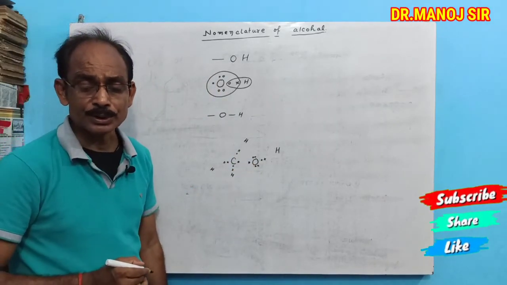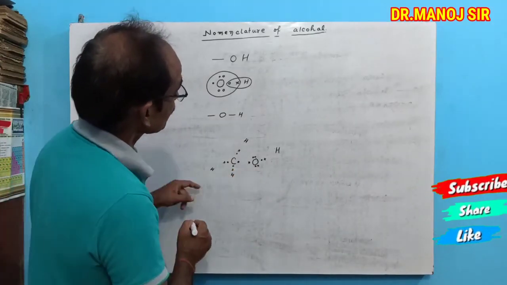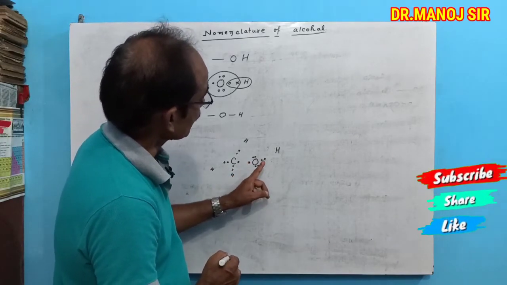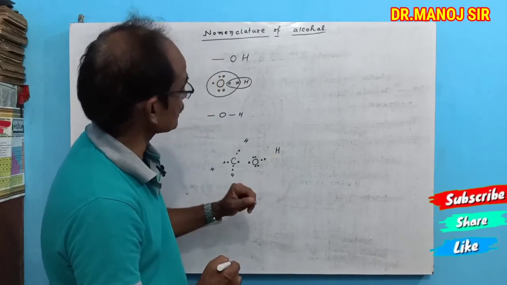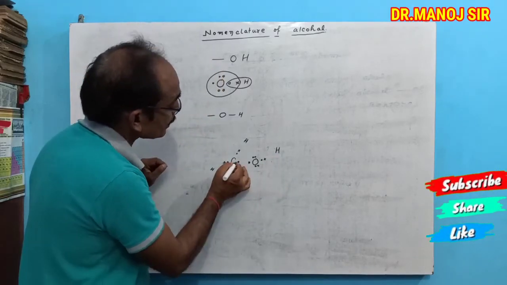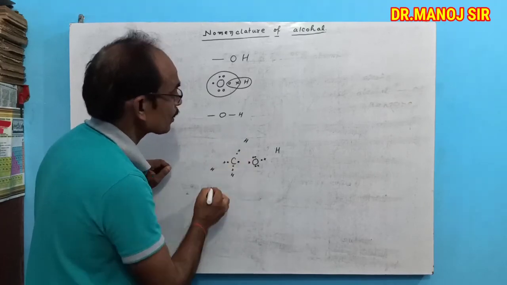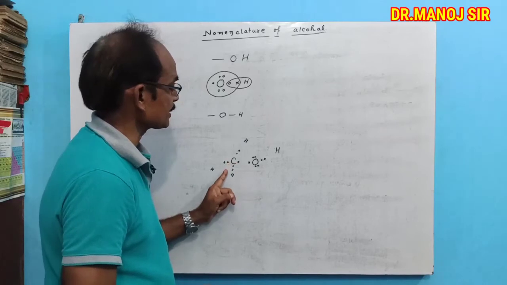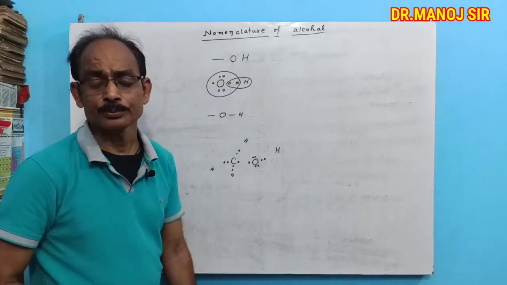So the bonding between carbon and hydrogen is by sigma bonds, and oxygen and hydrogen is by a sigma bond, but carbon makes its octet due to sp3 hybridization over the O.